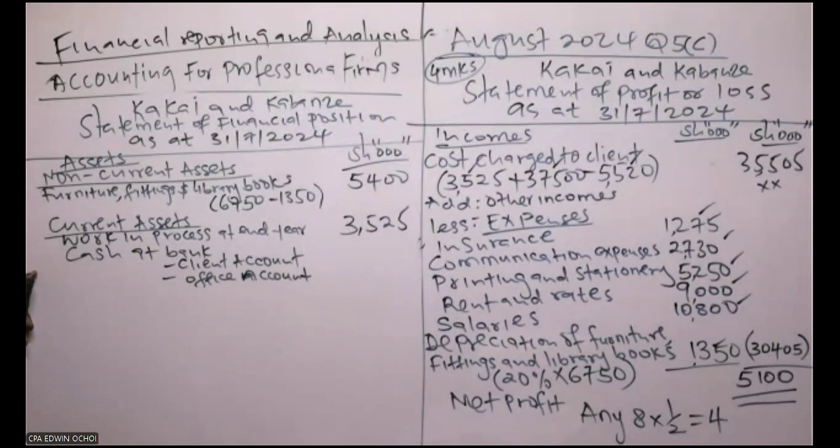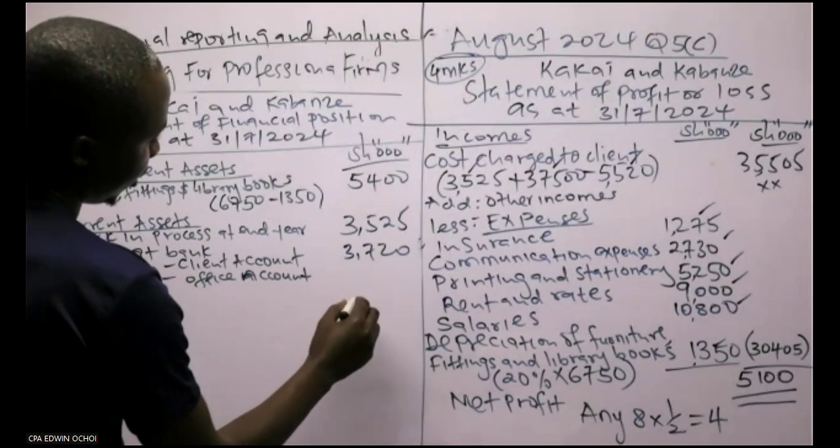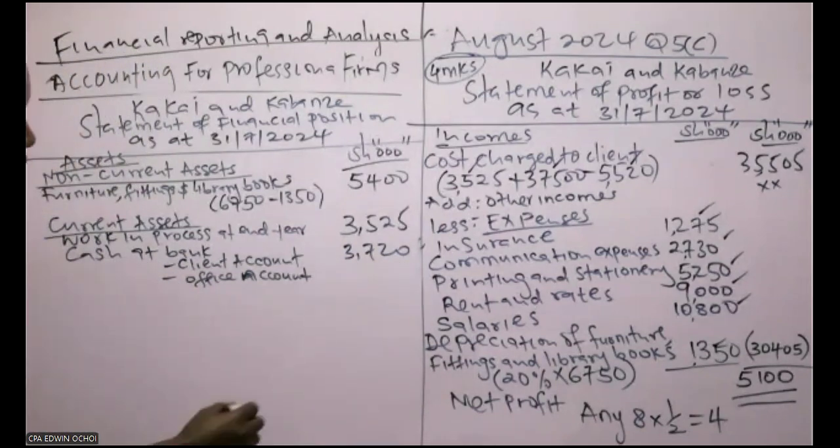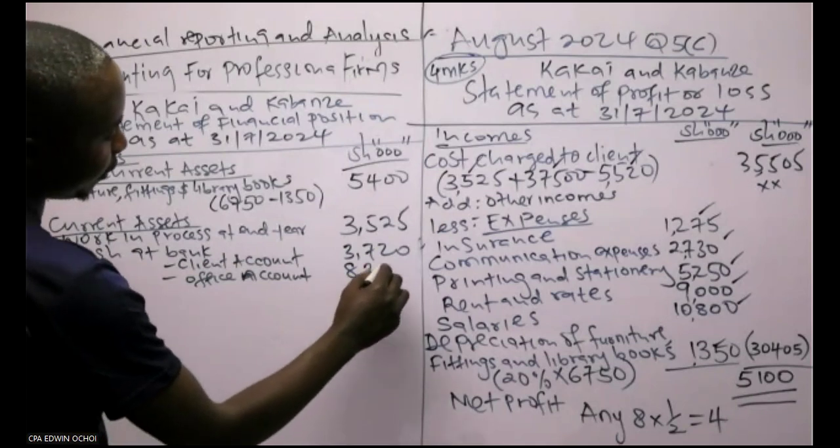For the client's account, it's 3,720. For the office, I can see it is 8,355.